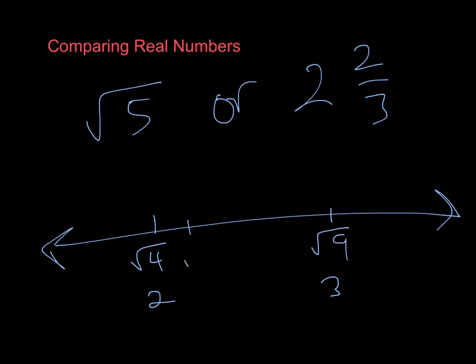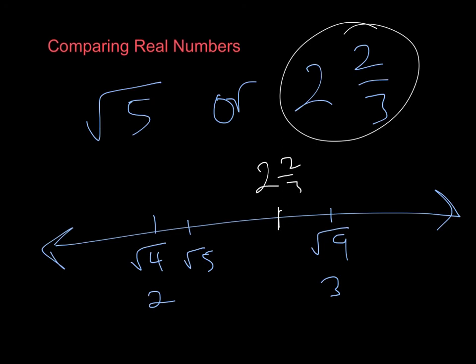So the square root of 5 is just a little bit bigger than 2. And 2 2/3, right? This number here, this is going to be closer to 3, right? There's 2 2/3. So which one's bigger, square root of 5 or 2 2/3? The answer is 2 2/3, right? And you can just draw it on a number line to show your answer.